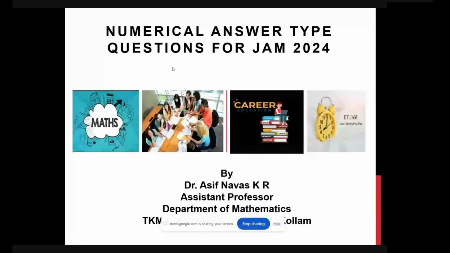So today we will focus on numerical type questions for JAM 2024, and especially I will do numerical type questions from the previous year questions, 2020.